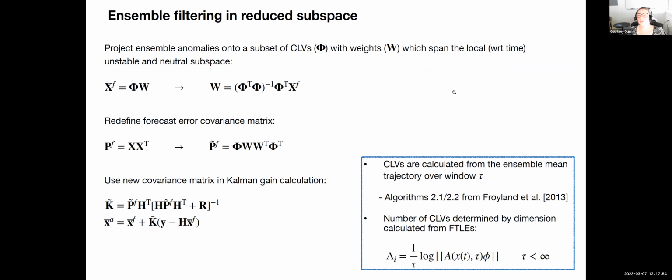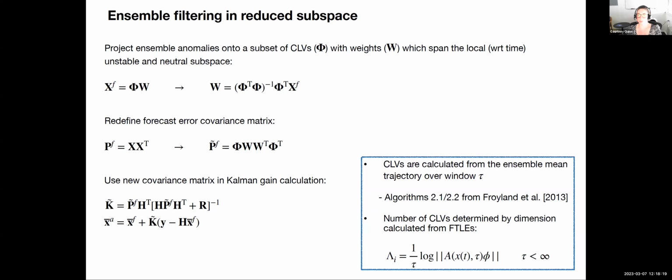So now, what are we trying to do with these vectors? Our idea was that we can project the ensemble anomalies that we're working with during our DA onto a subset of our covariant Lyapunov vectors, which span that local unstable and neutral subspace. In this sense, local is with respect to time, because we're going along in time and doing our data assimilation at points in time.